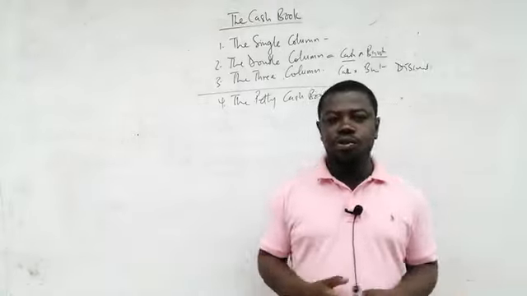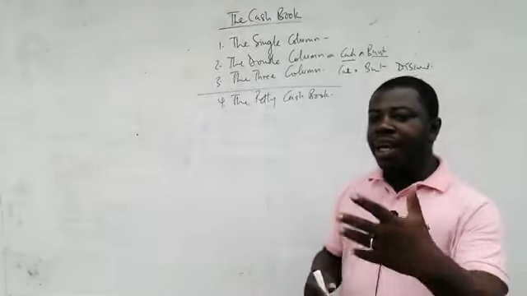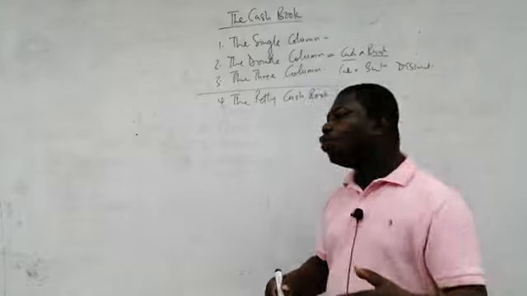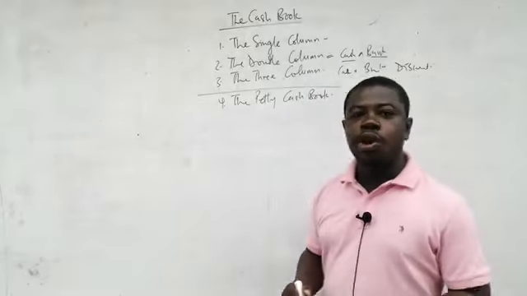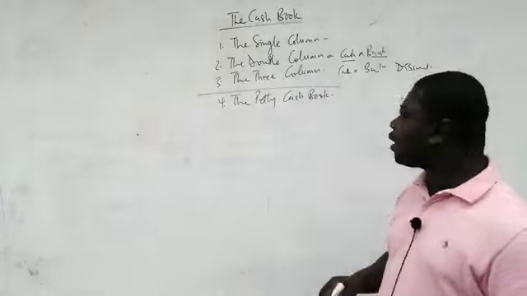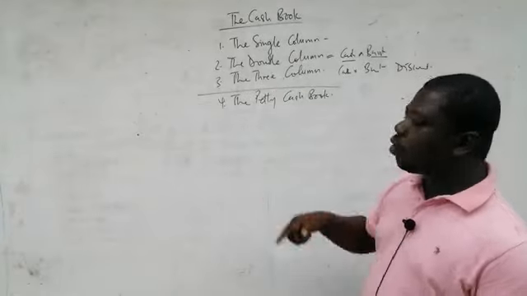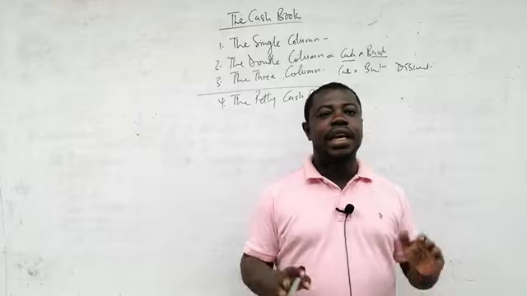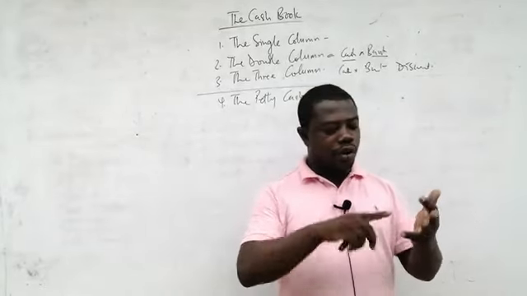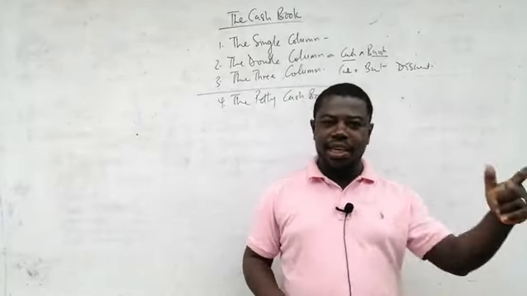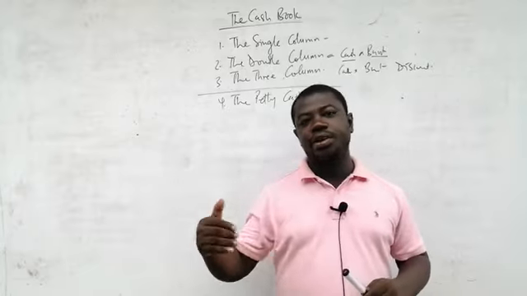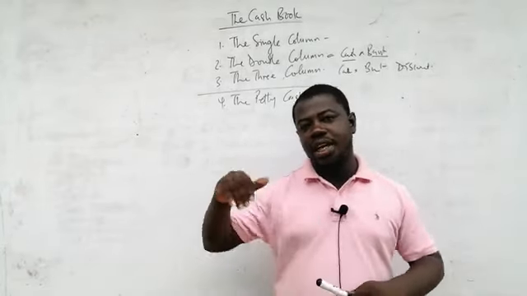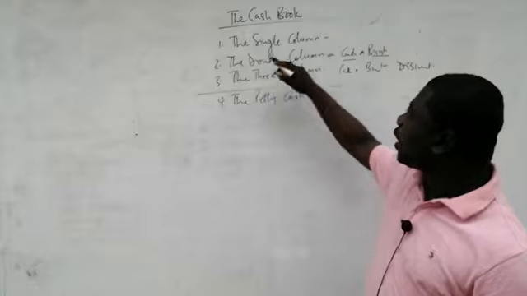What we are trying to say is that when we are paying an amount and there is a discount, we should show the discount in the discount column. When we are receiving an amount and there is a discount, we should show it too. And so the three column cash book will still have a debit and a credit side, but the debit side will cater for a cash column, a bank column, and a discount column. And the credit side will do the same: discount column, cash column, and a bank column. So that is why there are differences.